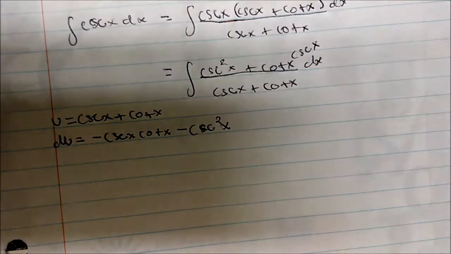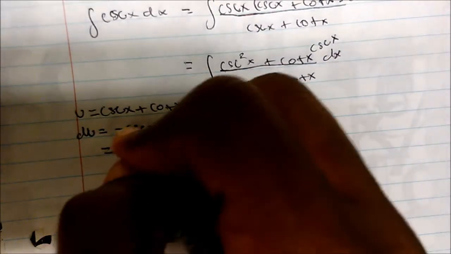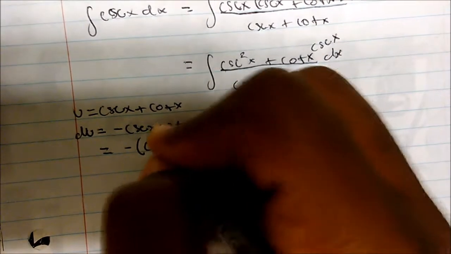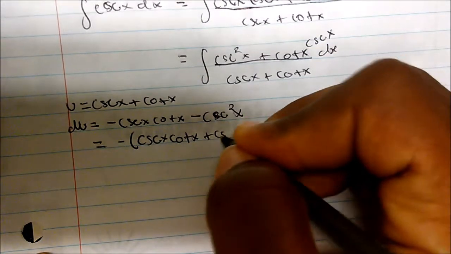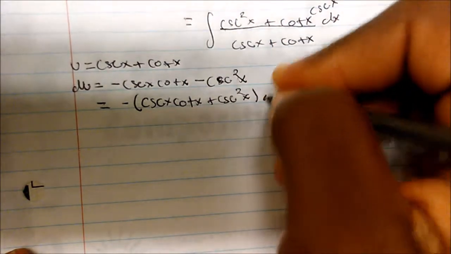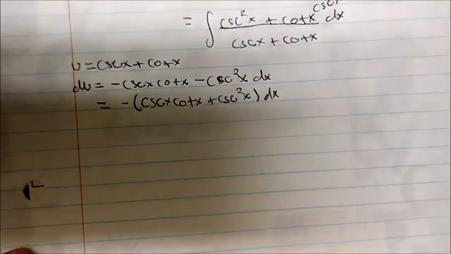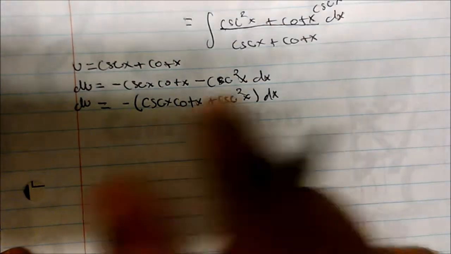The signs are different. But notice I have a negative in common. So if I factor out my negative, this becomes cosecant of x, cotangent of x, plus cosecant squared of x, dx. I forgot my dx here. Okay, and you can see I have a positive one, I don't have a negative one, and so in fact I could divide by a negative on either side.